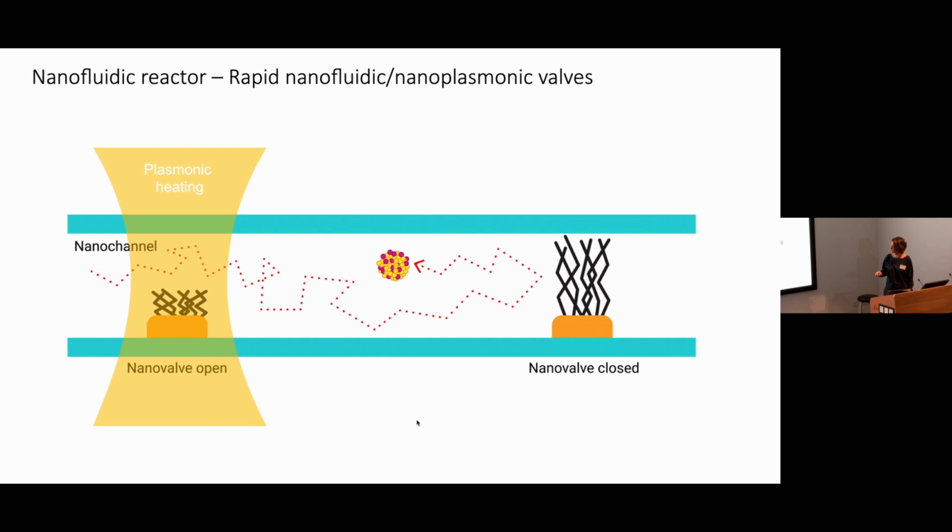The other is more of an active approach where we are developing a nanofluidic valve, which basically acts as any other valve in any other fluidic system. The idea here is to employ thermoresponsive polymers on a plasmonic nanoparticle that could be switched on and off optically through the plasmonic heating around the particle.